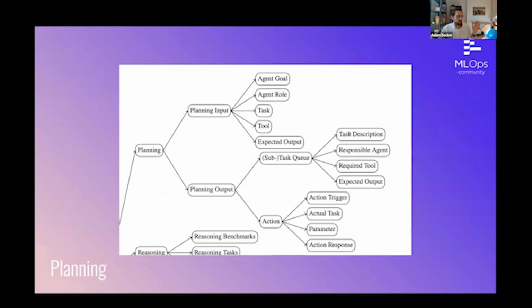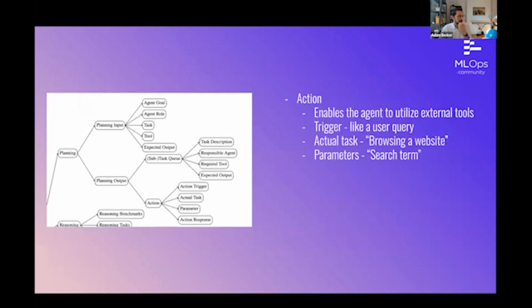Each task has a task description, which agent is going to be responsible for executing it, whether there are any tools, and what you expect the output to look like. Then there's the actual taking of the action, I think it's like the executing of the task. So what's the action trigger? In this case, it might just be, okay, the user submitted a query, now this agent needs to run.